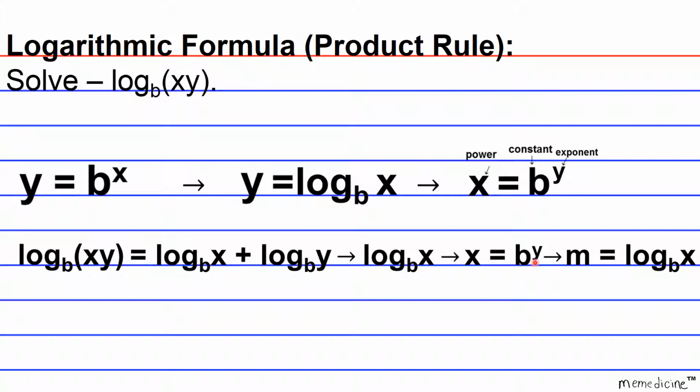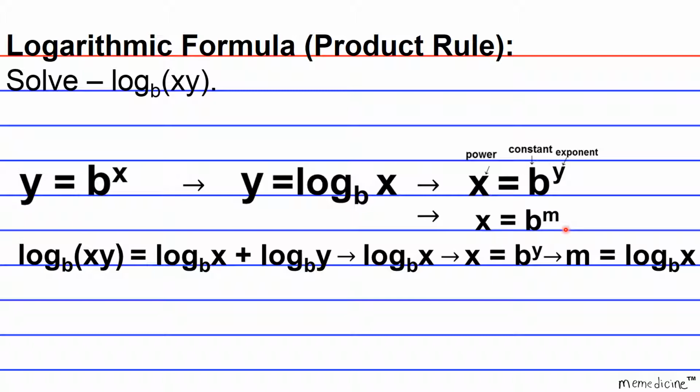And again, if we convert this expression to exponential notation, we can re-express this as x, which becomes our power, equivalent to the base b, our constant, raised to the m, the label or the value that we assign, which is now going to become our exponent or dependent variable. So m and y kind of hold the same place here, okay? That's why I'm aligning this here to show you what's going on.